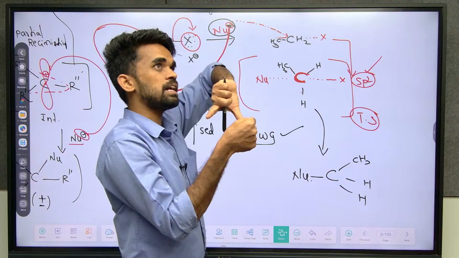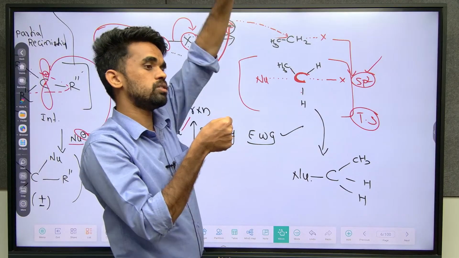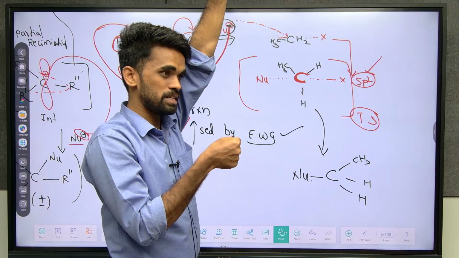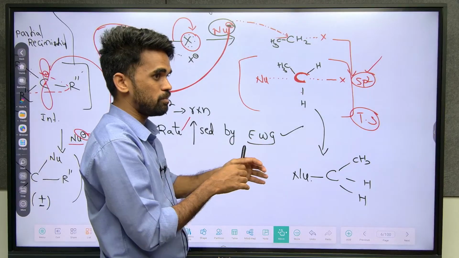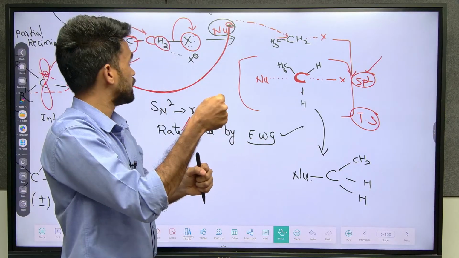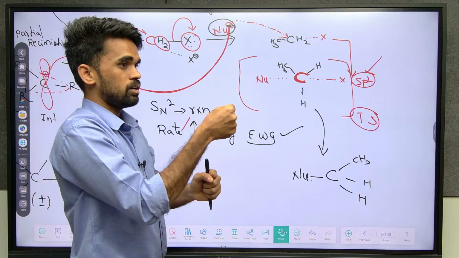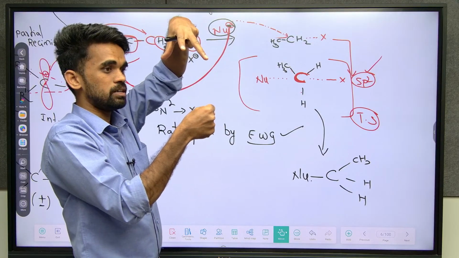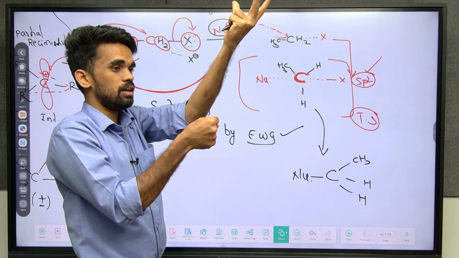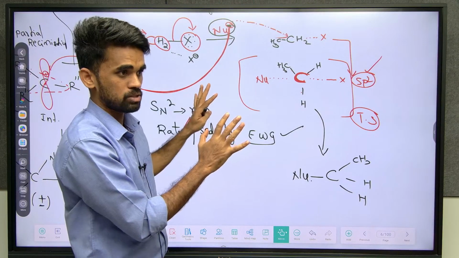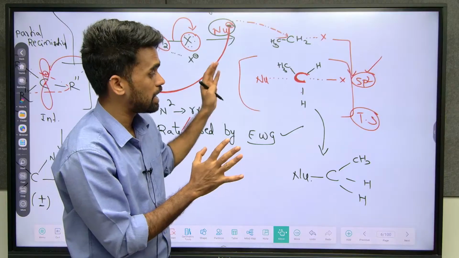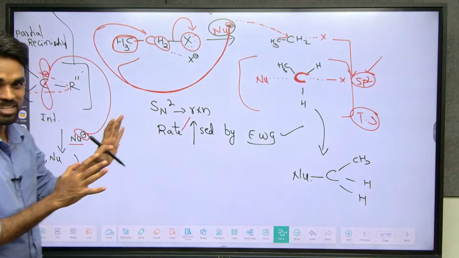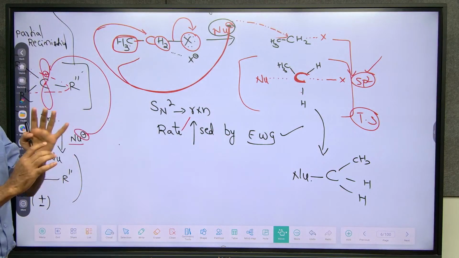That umbrella goes upward. Inversion takes place. Now, same story, you just imagine here the leaving group is there. The remaining groups were previously downside. Now what happens? Like that. Same story here also. So you can say this is umbrella inversion or Walden inversion. What is that? Umbrella inversion, Walden.